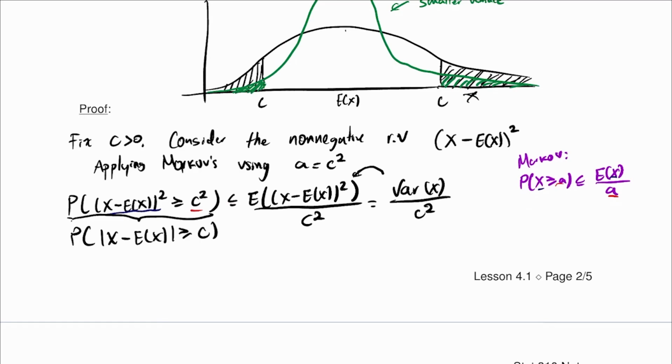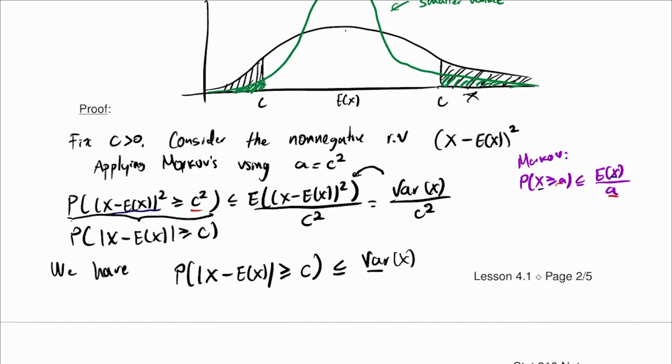So finally, we have that the probability that this difference in absolute value between the random variable and the expected value is greater or equal than c is always less or equal than the variance of the random variable over c squared.